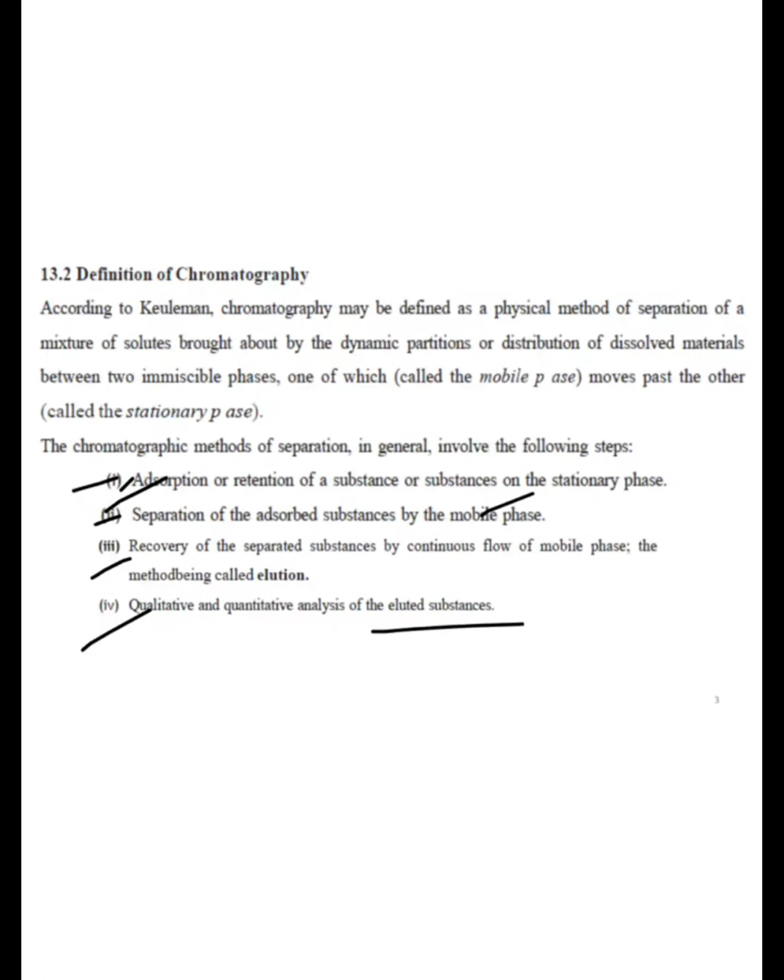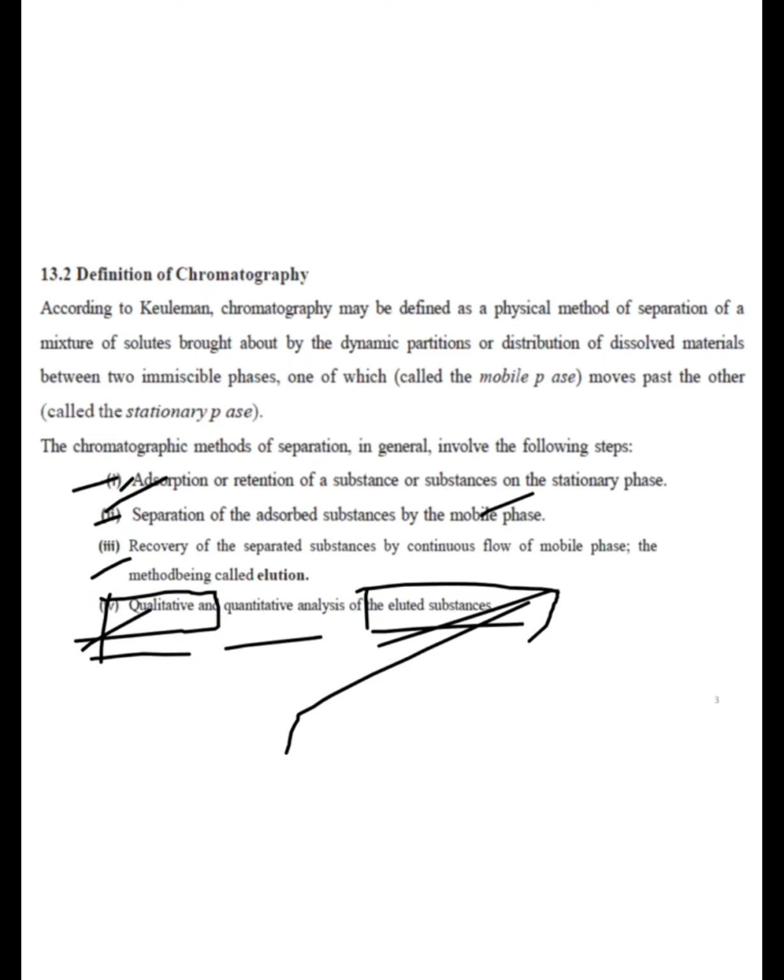The given sample is eluted, meaning it is separated. This is known as the eluted substance. After the chromatography technique, you analyze the sample by qualitative and quantitative methods. Qualitative means the purity of the given sample, and quantitative means how much quantity is present in the given mixture.